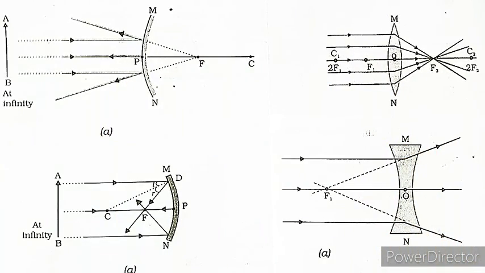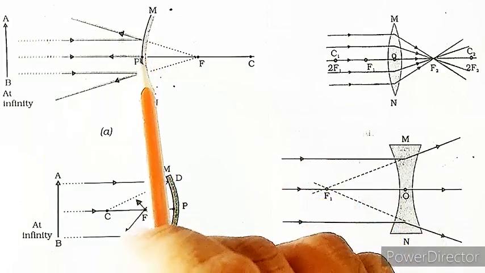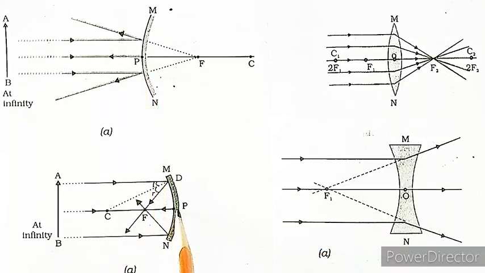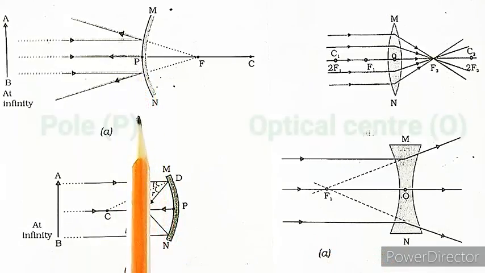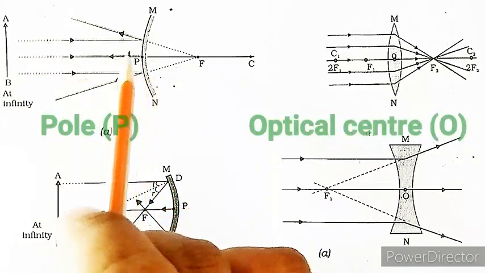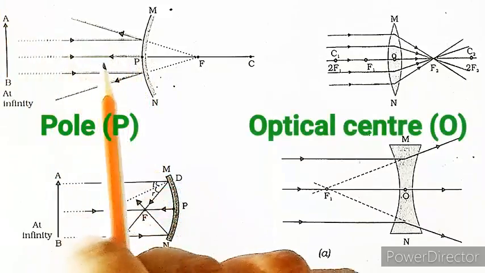Now the third difference is the center of the reflecting surface of the mirror is called the pole. Here you have the pole marked with capital P, and we know that a ray of light which passes through P, through the pole, is reflected in the same direction without any deviation.